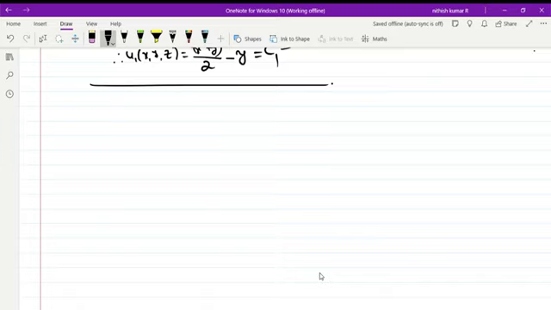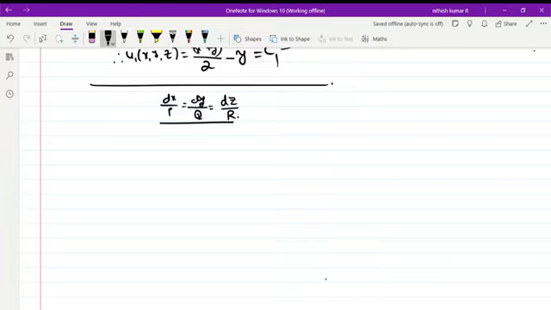We have seen three methods of solving differential equations of the form dx by p is equal to dy by q is equal to dz by r. Now let's see one more problem.